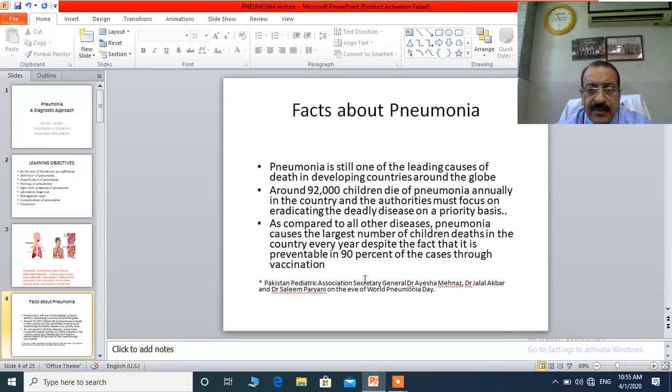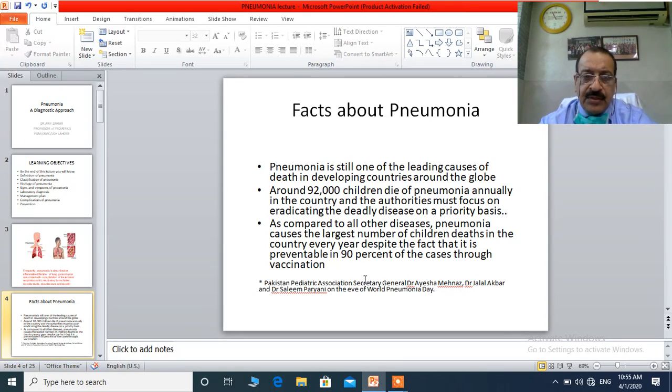There are certain facts about pneumonia. Pneumonia is still one of the leading causes of death in the developing countries around the world. Around 92,000 children die of pneumonia annually in the country, and the authorities must focus on eradicating the deadly disease on a priority basis.